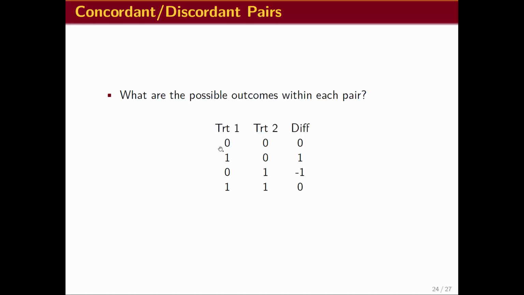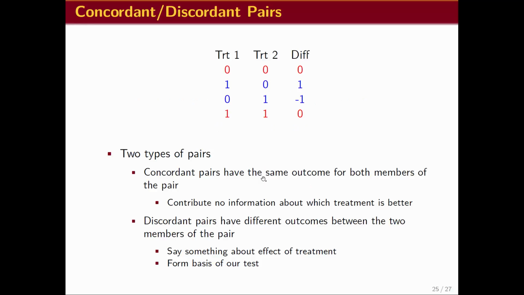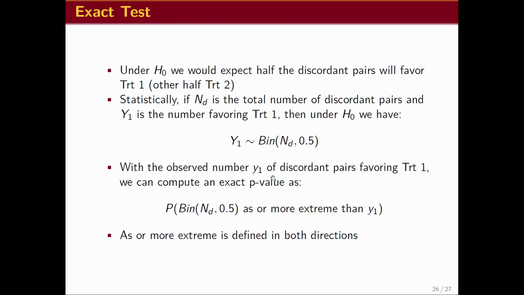So you're focusing only on these discordant pairs, and there's a couple of different ways of handling the counts and comparing the number of discordant pairs. One approach is to use a binomial distribution. So you can basically say, if the treatments were equally effective, right, that's the null hypothesis, then you'd expect the number of discordant pairs that favor treatment 1 to be about half the total number of discordant pairs, right?